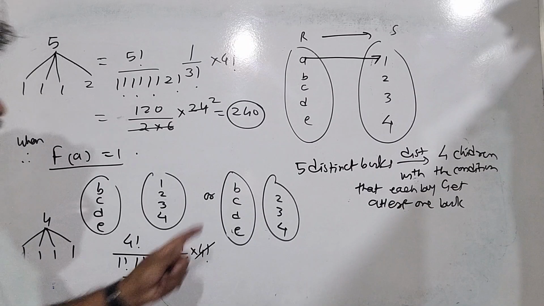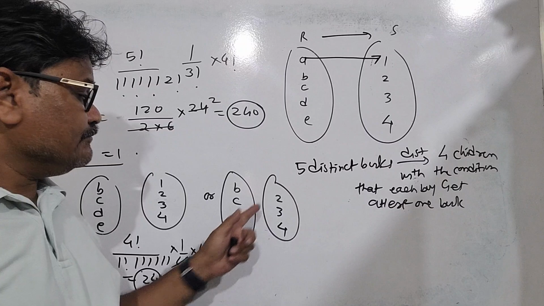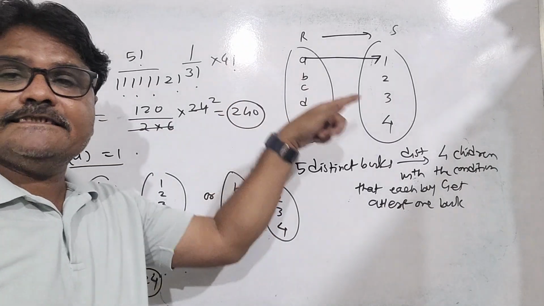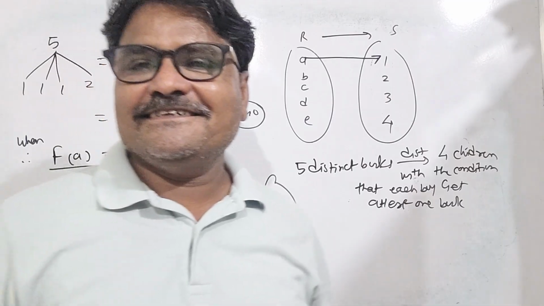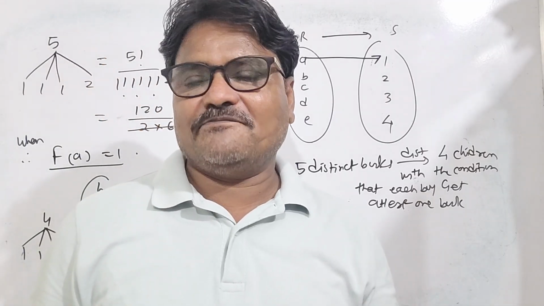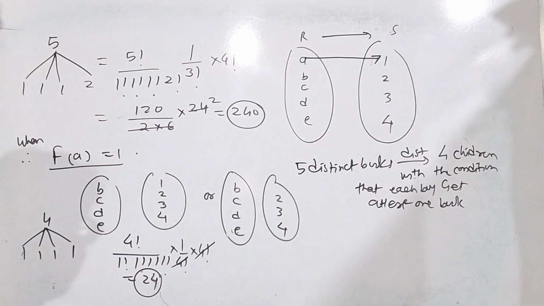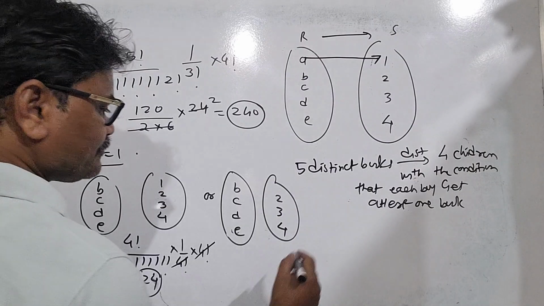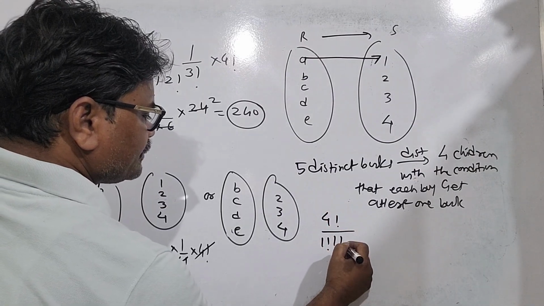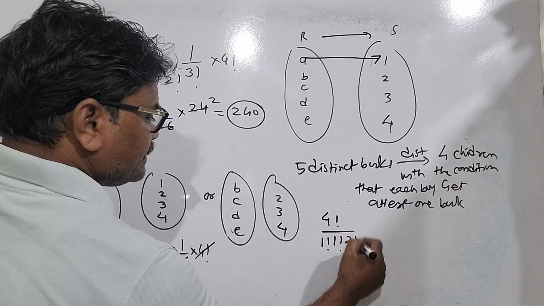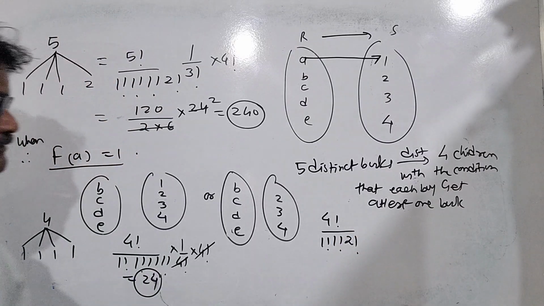But I can also distribute B, C, D, E only among 2, 3, 4, because A is already assigned to 1. The function will still remain onto. That is an important point. Correct? If I distribute B, C, D, E, this is 4 factorial over 1 factorial, 1 factorial and 2 factorial. Why?